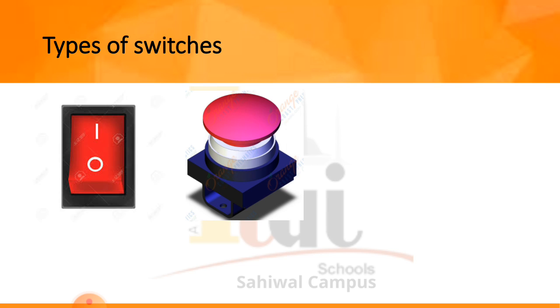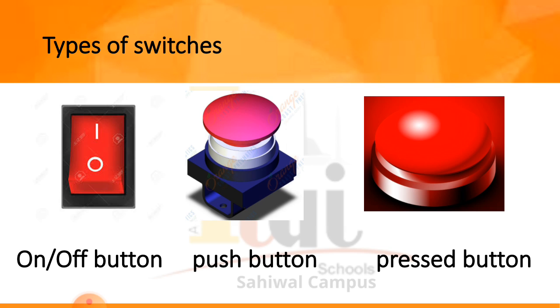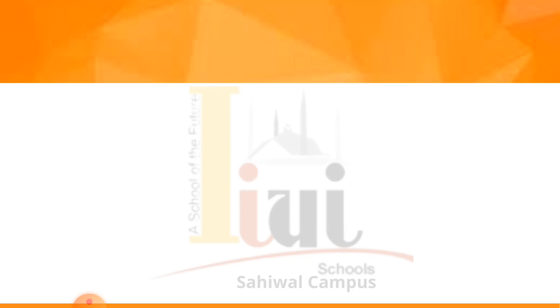The second one is the push button. We can push it as in torches, transistors or toys. The third one is the press button, which is a common example of ringing doorbells. On-off button, push button and press button.